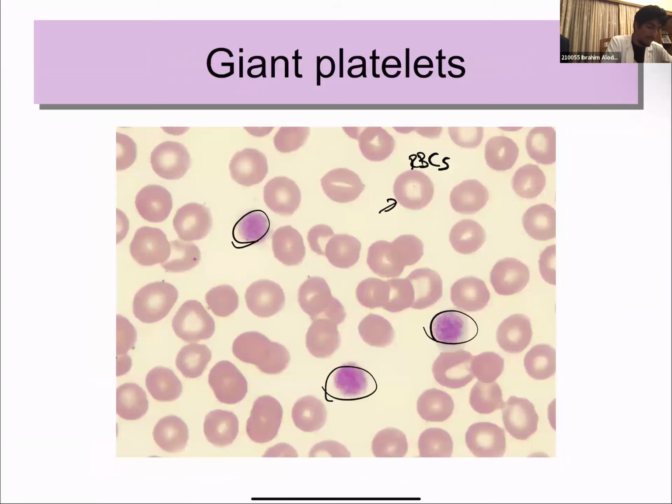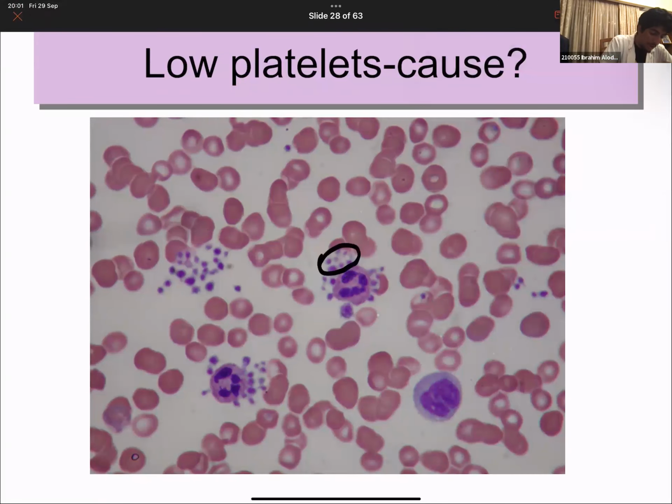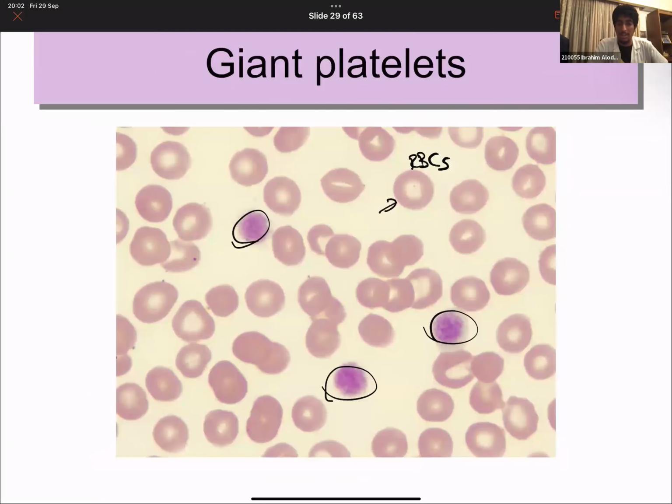Let me clear it to make it a little more clear for you. These are the platelets. Do you see that? These are the platelets. These are the platelets. In the other picture, there's no nucleus here. You don't see a clear nucleus here. But also, you're most likely not going to get a picture like this in your exam.